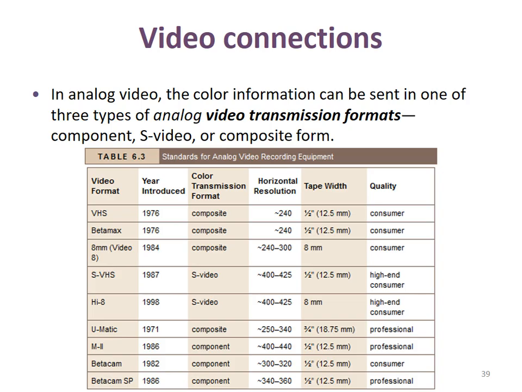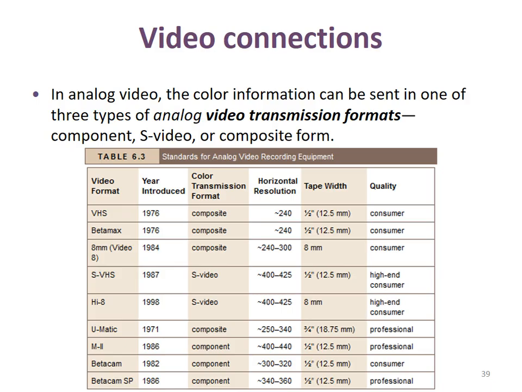Okay, let's see, for analog videos, the color information can be sent in one of three types of analog video transmission formats. I believe 10 or 15 years ago, we still had analog video recording machines.